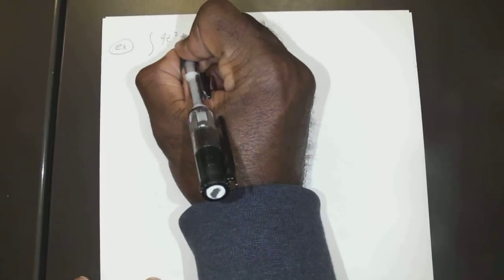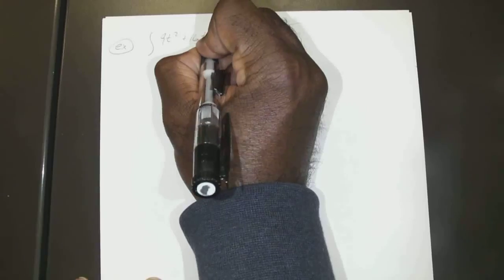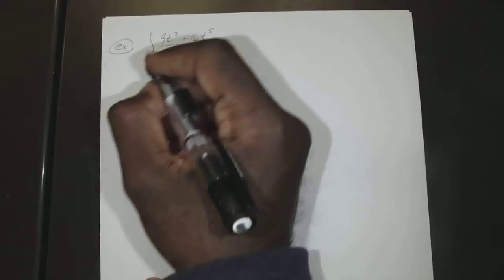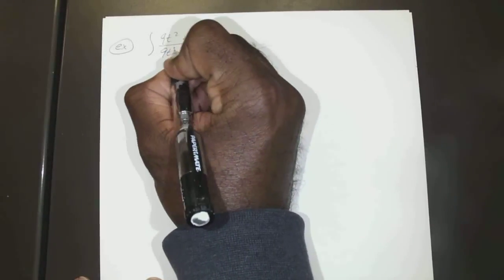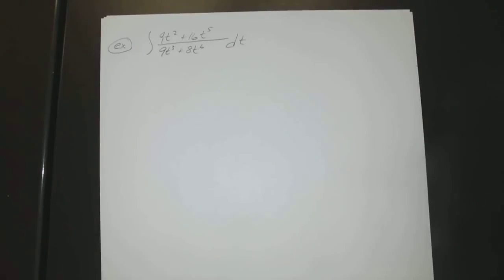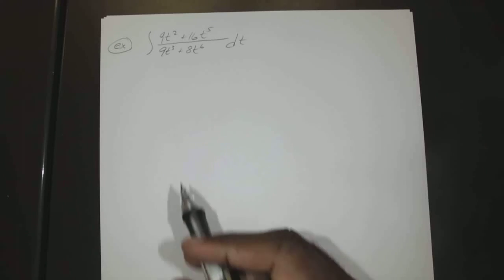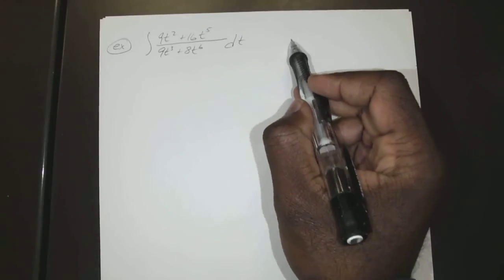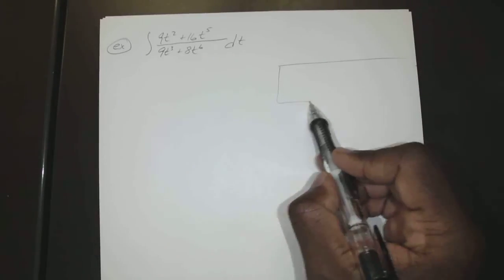So let's say we have the integral of 9t squared plus 16t to the fifth divided by 9t to the third plus 8t to the sixth with respect to t. Like I said, this one has the same general idea, so we're going to let our denominator equal u.